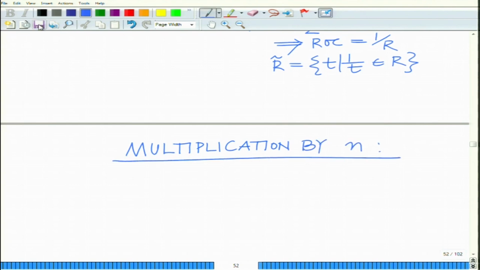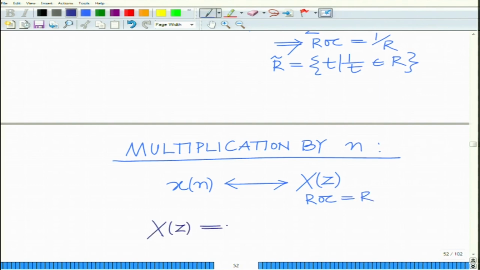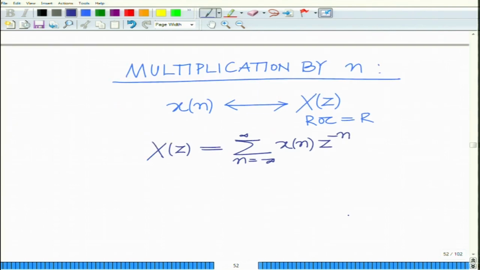Now consider the signal x of n, which has Z transform x of z with ROC given by R. Then x of z will be summation n equal to minus infinity to infinity x of n z raised to minus n.